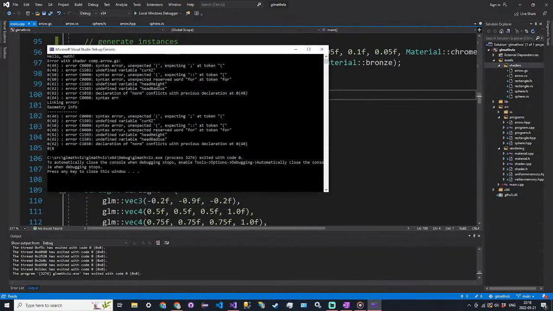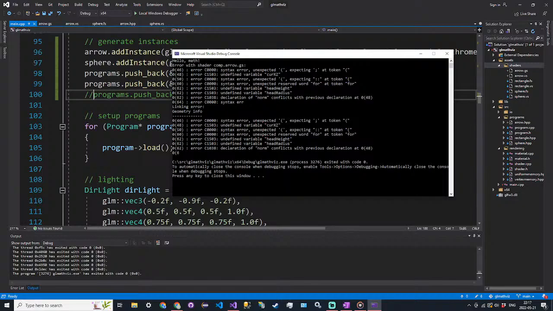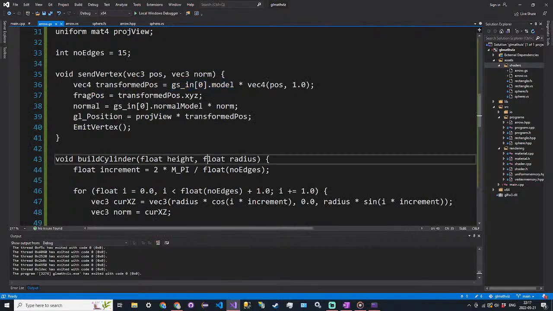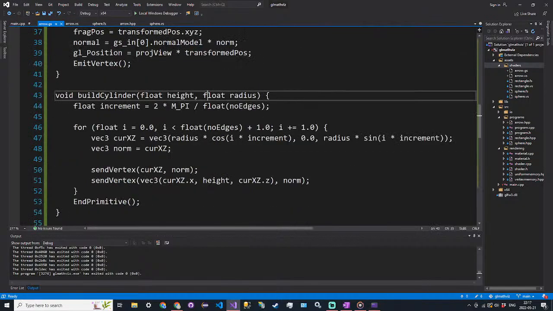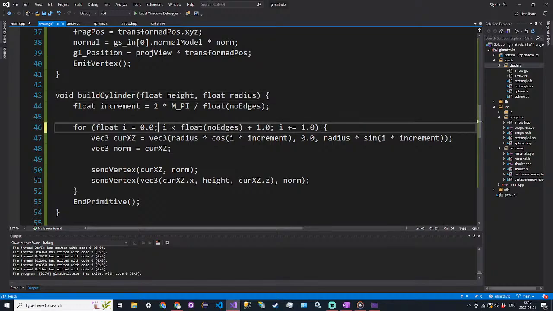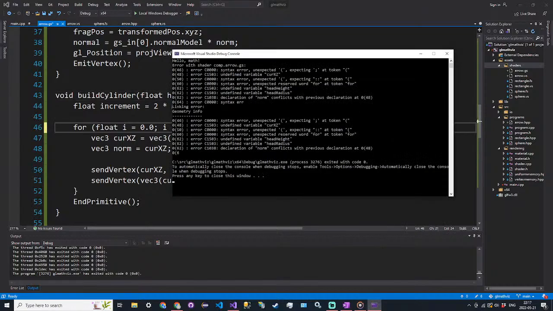Error. Wonderful. Okay. So geometry shader, line 46. Yes, I had a syntax error. Line 48, undefined variable currentXZ. Oh, it didn't just like it.